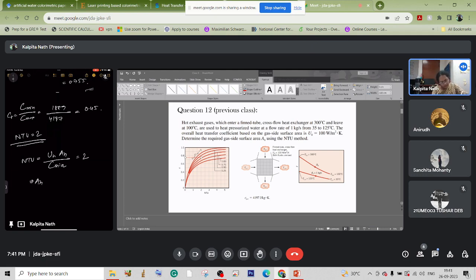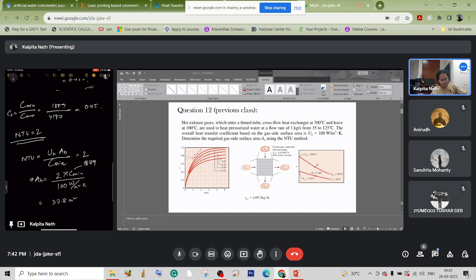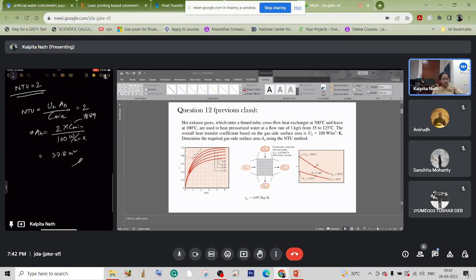So the heat transfer area will be 2 into C minimum, that is 1889, upon 100 watt per meter square Kelvin. So this is 37.8 meter square. Okay, so this is our answer.